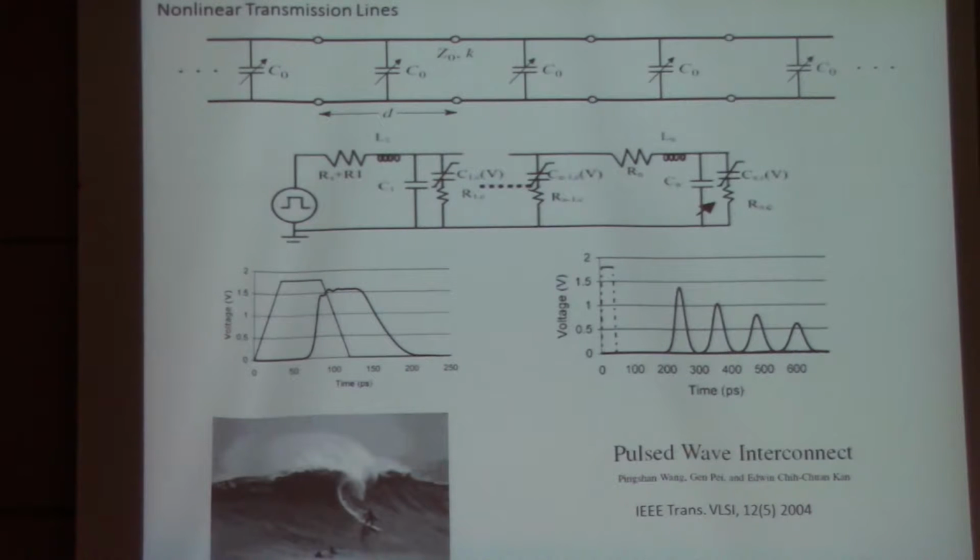Okay, that dispersion relationship, you can actually make use of that. One way is people intentionally take a transmission line, that's the metal, and integrate it with something called nonlinear components. And then you can obtain something called solitons.